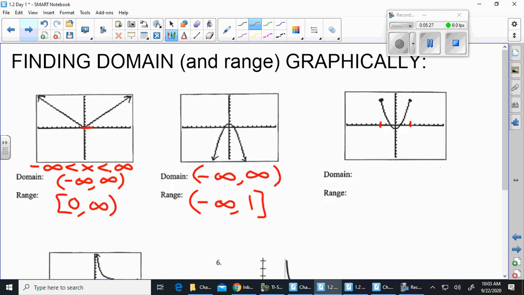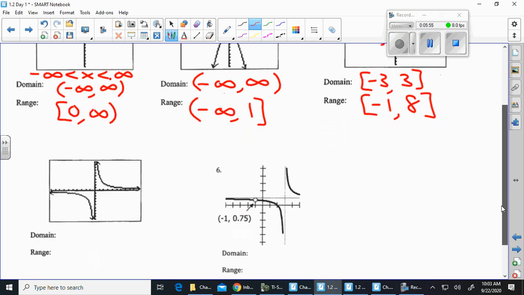What's the leftmost x? Negative 3, and it's a closed dot. What's the rightmost x? Positive 3. Low to high, what's your lowest y? What's your highest y? 4, 5, 6, 7, maybe 8. So that gives you an idea of remembering that.